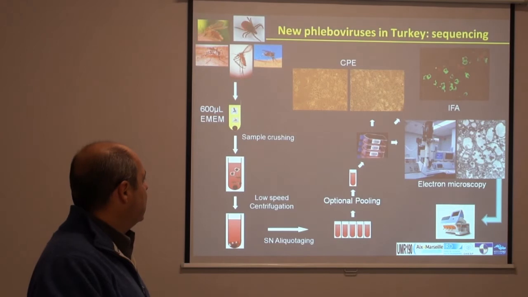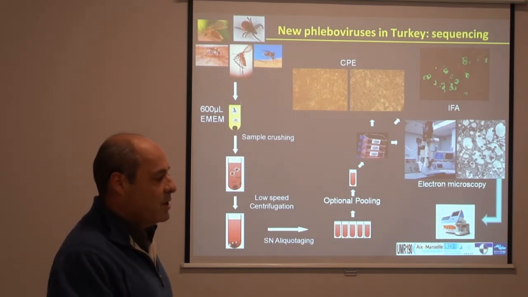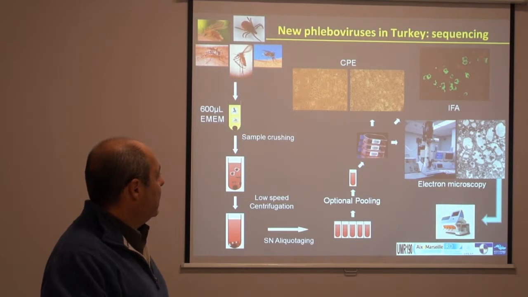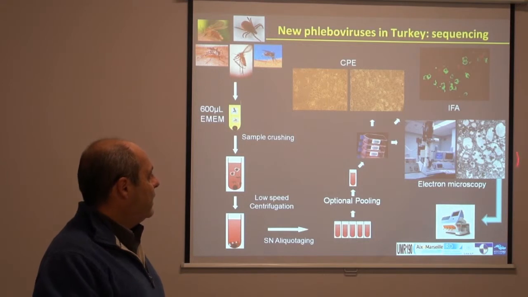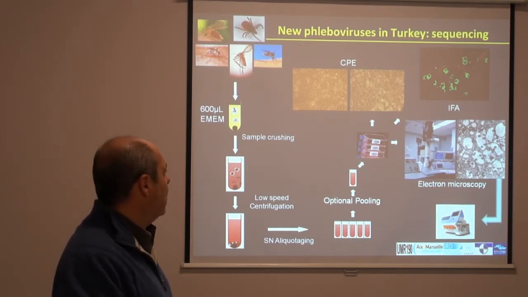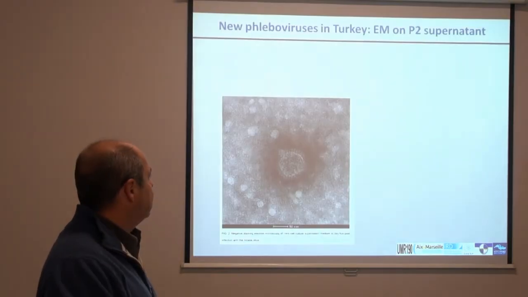The second part is to inoculate cells, because sandfly-borne flaviviruses only grow in cells, and so they are inoculated with these pools and looked at for CPE and for electron microscopy, and on this supernatant NGS sequencing is done on viruses that have been putatively isolated.